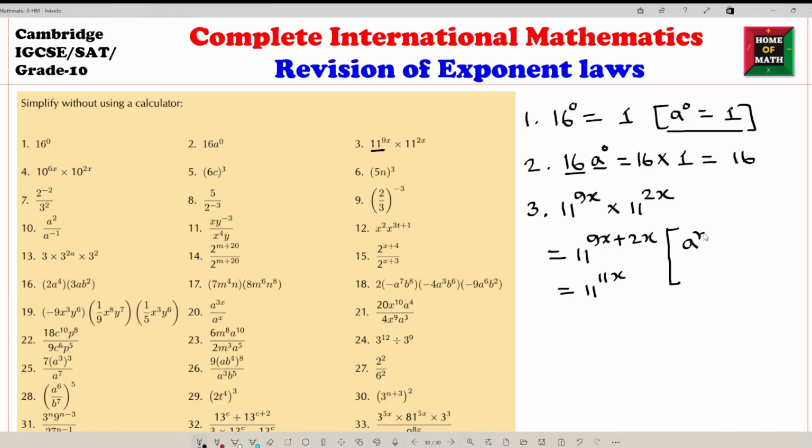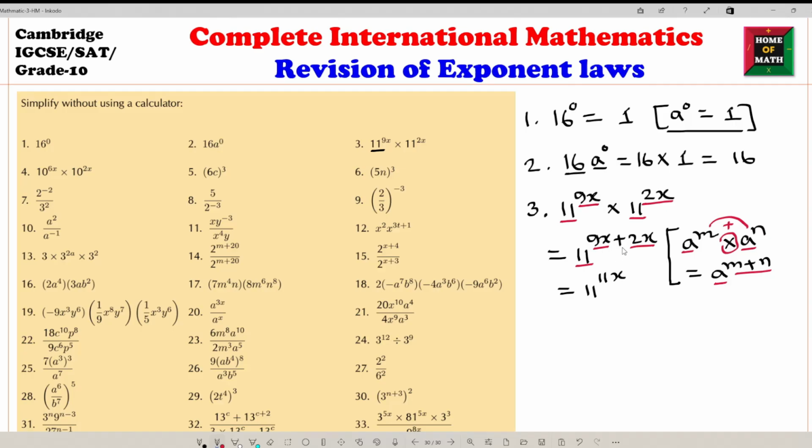Look, a to the power m times a to the power n equals a to the power m plus n. It means once the bases are the same, in the product the powers will be added. Here 11 is a base, and 9x and 2x are the powers.